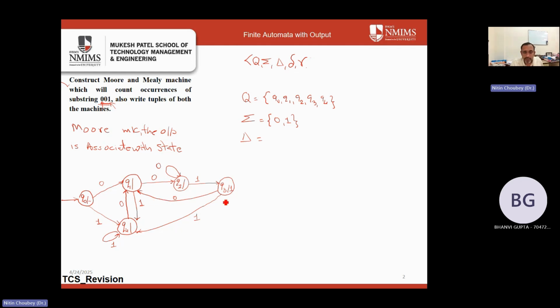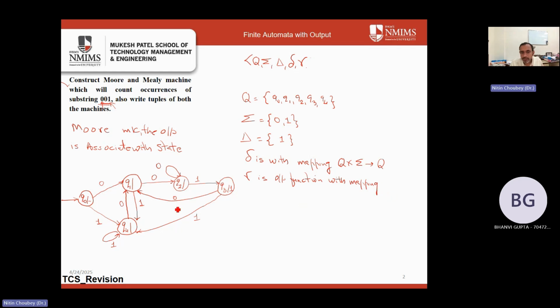So what outputs are we generating? Here we are assuming that we are generating just one output, that is 1. Okay. Delta is what? Delta is the transition function. This whole thing is nothing but the transition function, with mapping Q cross summation gives Q. Lambda is the output function, with mapping.